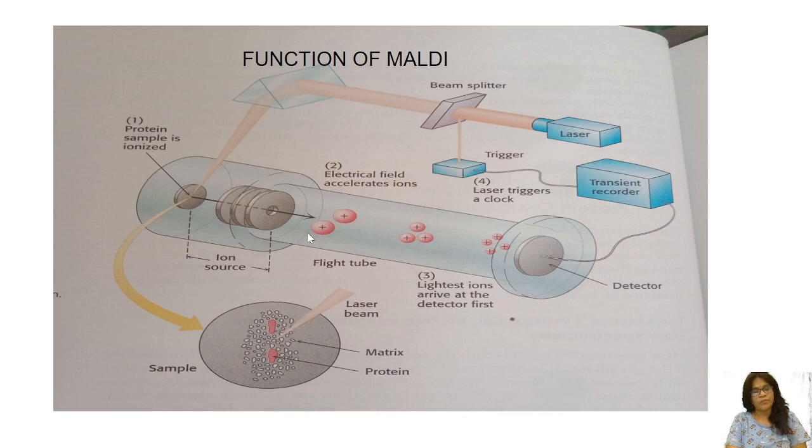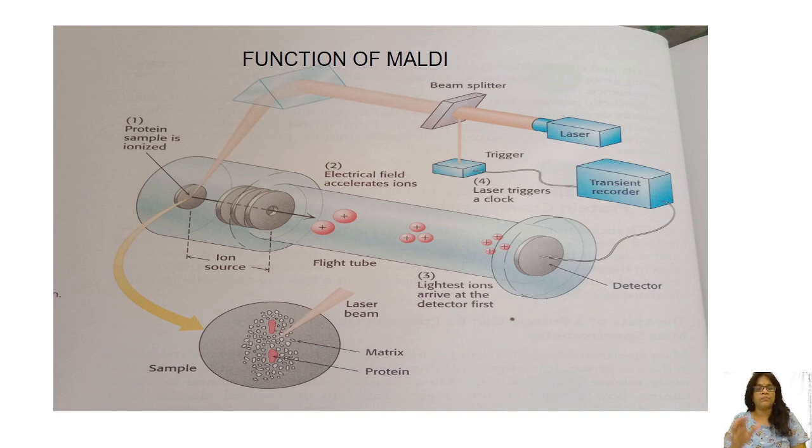So the ions of bigger mass will stay back, and ions with smaller mass will go faster. Based on that you will detect them, and you will calculate the TOF. TOF is the time of flight: how much time that particular ion has taken to travel from the ionic source to the detector. So this is a simple functional mode of MALDI.